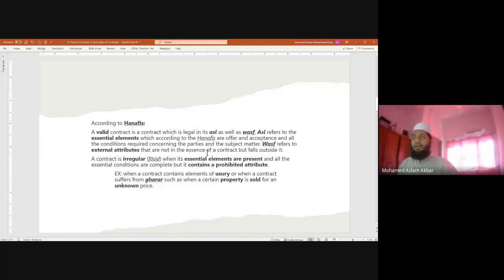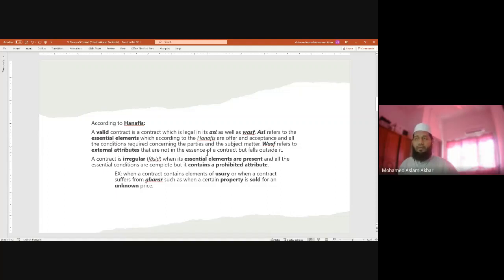Everything is completed, but what happens is that, for example, they don't know the price. They want to sell you the phone. So the offer is there, the acceptance is there, the legal capacity is there. The major selling to the major, or major selling to the minor, but the minor with the guardian.